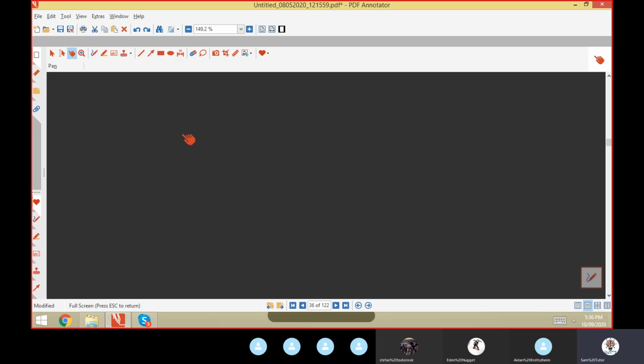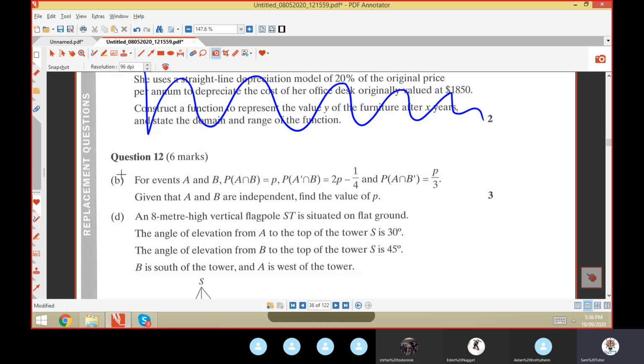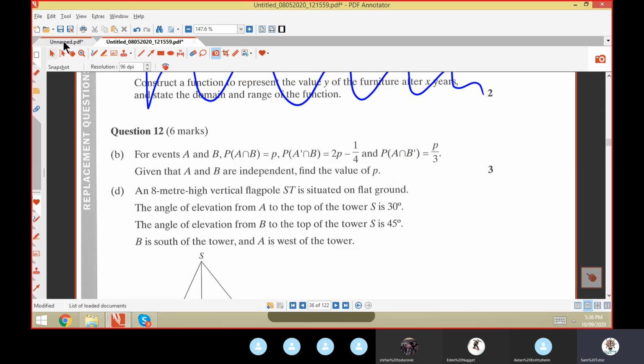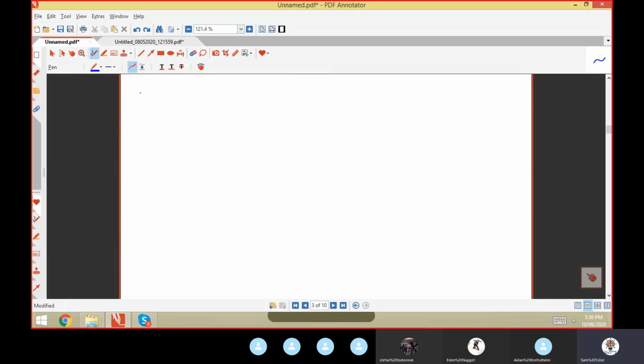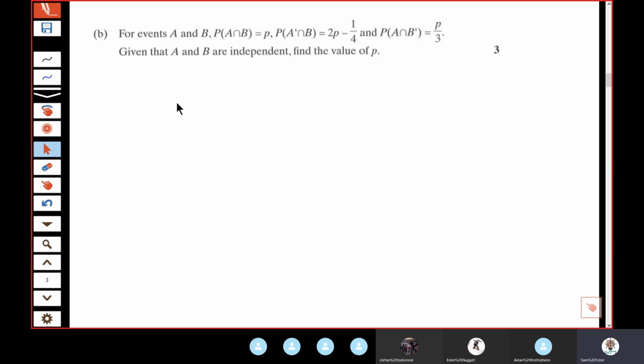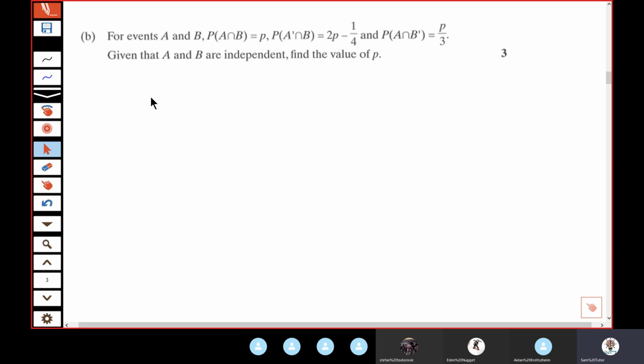Here it is again. Your favorite. For events A and B, again, they're independent.